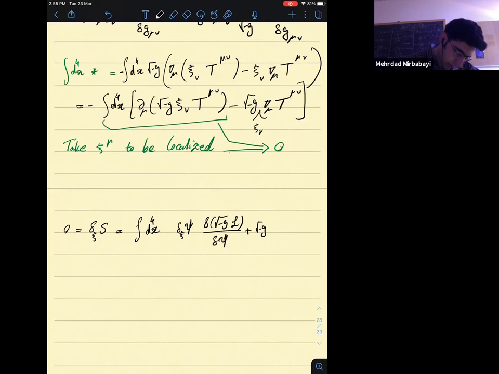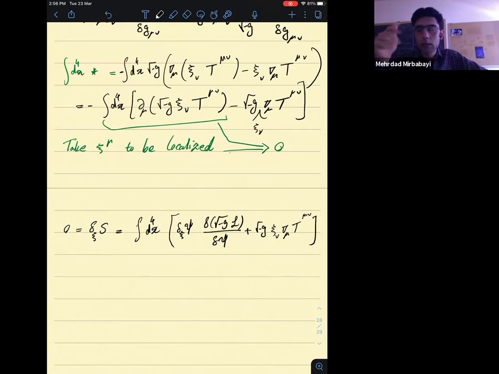So here we'll have the same thing. I'm just copying the same thing. Xi nu del mu T mu nu. So this expression is equal to 0. This expression is always 0 for any choice of xi mu.